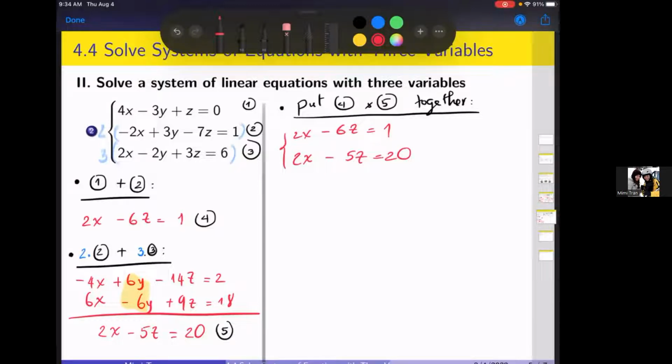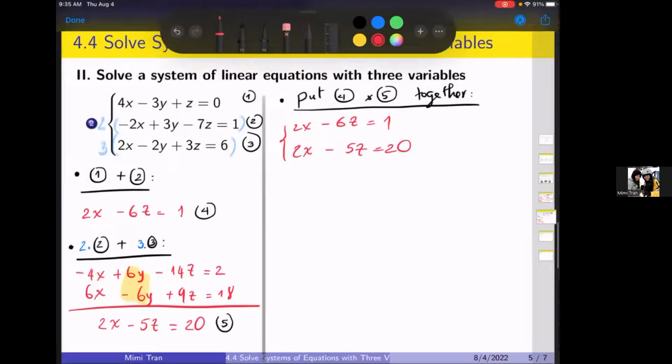Okay, something wrong. You know what, just go ahead and do it. Maybe it's not 2x and then negative 5z. Okay, that's fine. Maybe the next time will come out the way I want. Go ahead and do it.